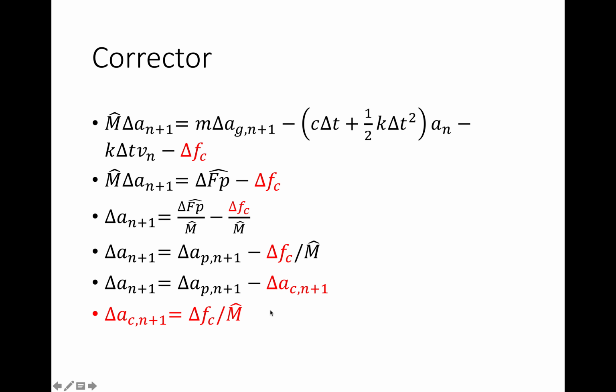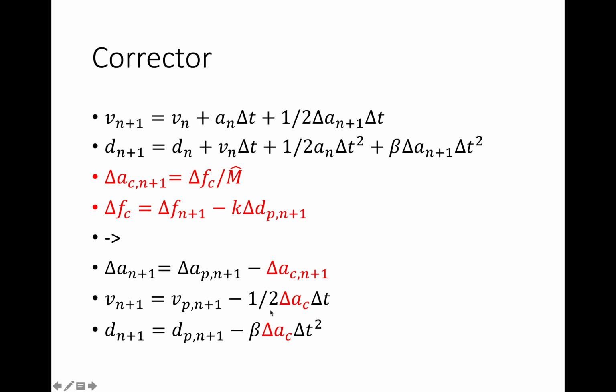Use the force stiffness. Because calculating the velocity and displacement uses this equation, and before we calculate the corrected one, we calculate with the predicted acceleration. So with the corrector acceleration, we can use delta AC n plus 1 equals delta FC divided by m hat, where delta FC is the corrector force.